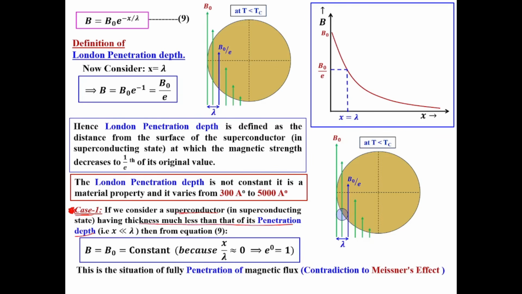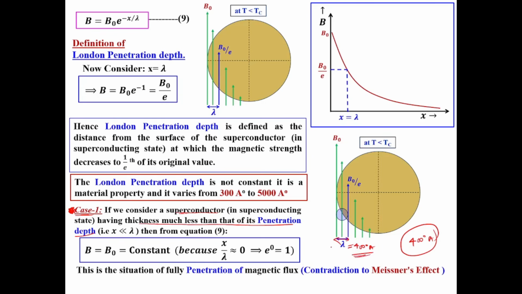Suppose the penetration depth of a superconductor is 400 angstrom. This distance is your 400 angstrom, suppose.